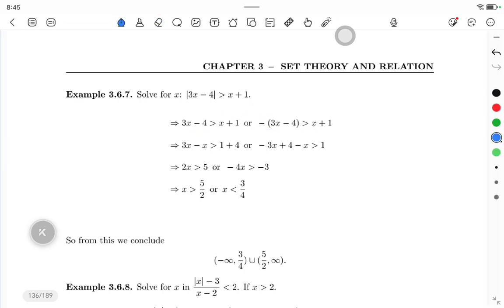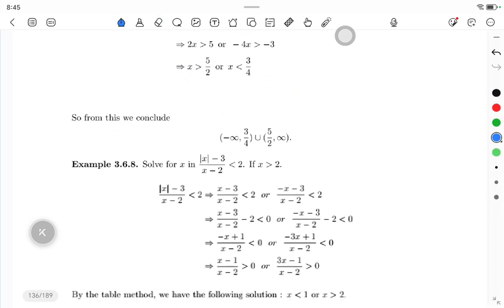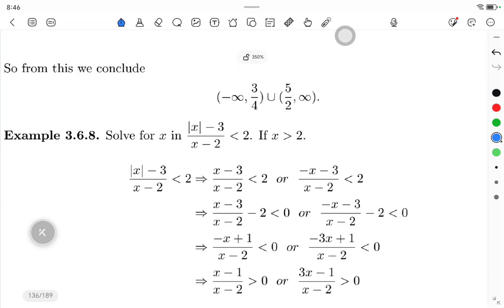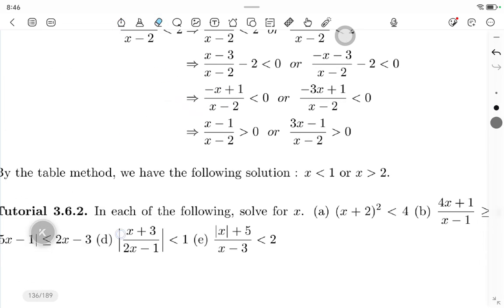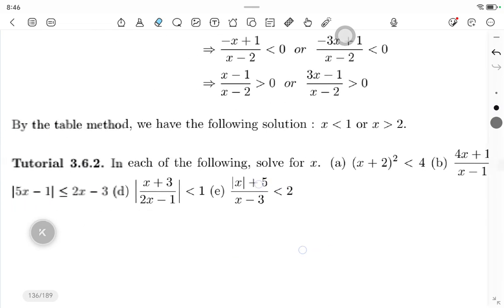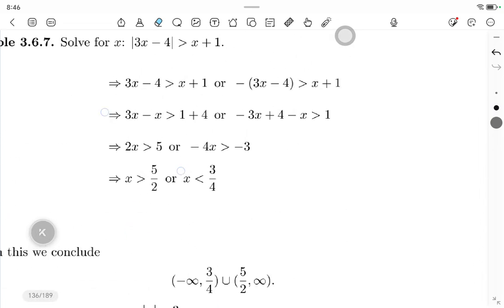If we check the second question, not everything is inside the absolute value. Let's see if there was an example where everything is inside the absolute value. It's not there. Okay, let's discuss the case where everything is inside the absolute value.